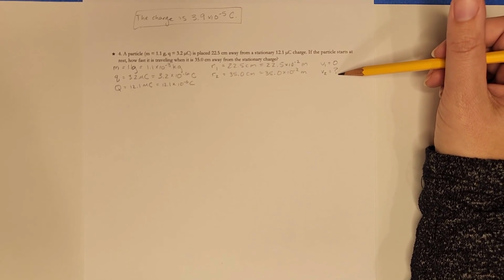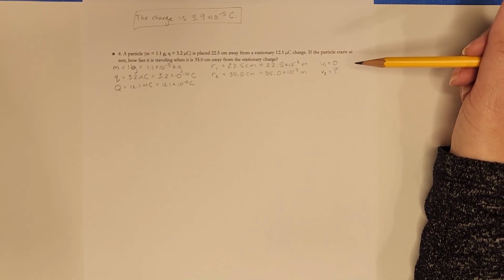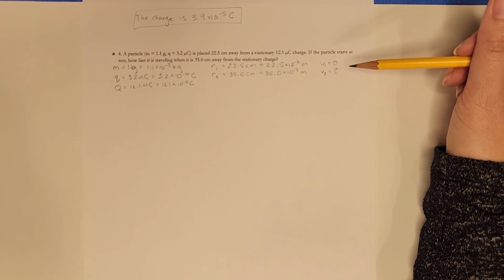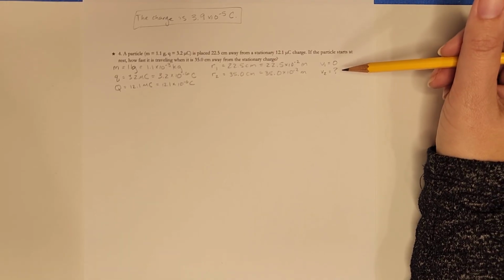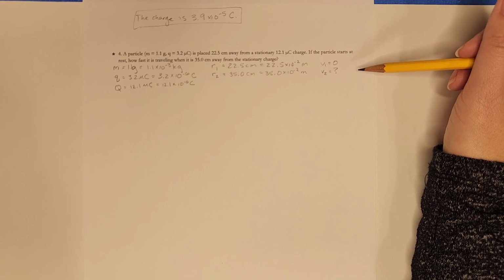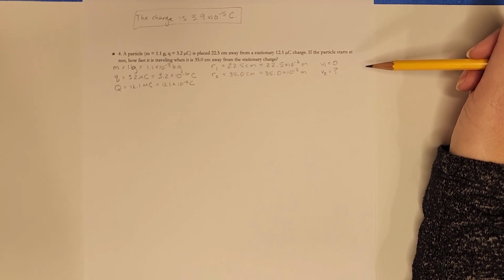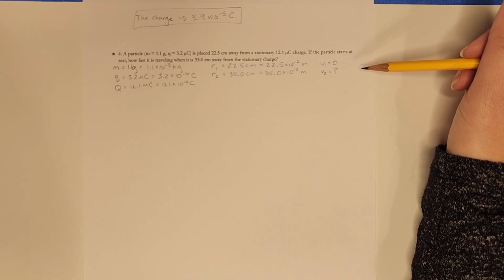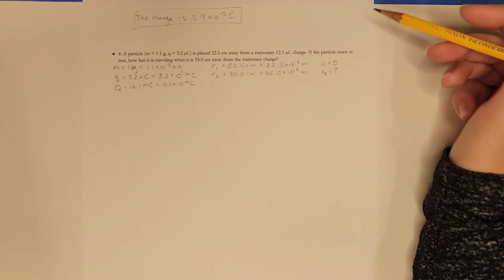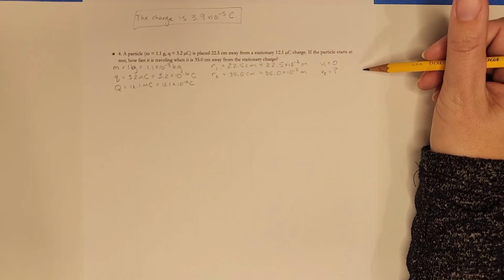Now at the second velocity, there is some velocity that we're going to determine, and therefore there is some kinetic energy, and the total energy is going to be a combination of potential energy plus kinetic energy. There's still going to be some potential energy that hasn't been used, as well as the kinetic energy.